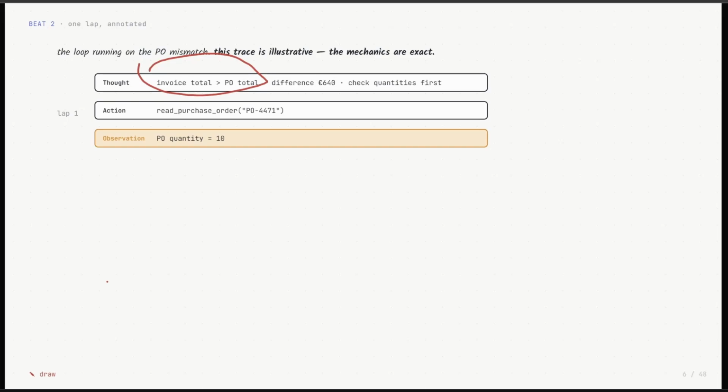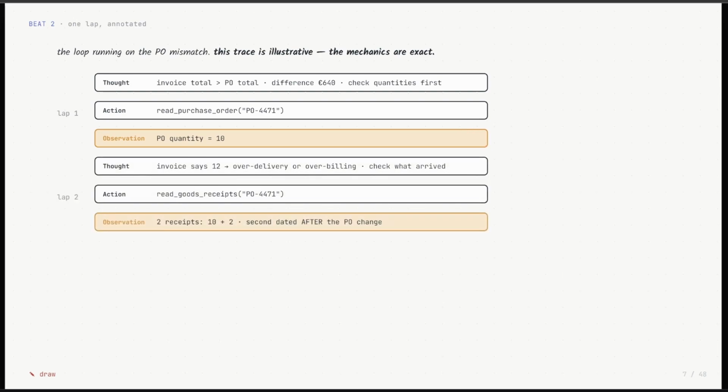You have a difference of 640. So check quantities first. This action comes. The model says, okay, you need to read the purchase order, and then after reading the purchase order, you're going to have an observation, and the observation says, the PO says quantity 10.